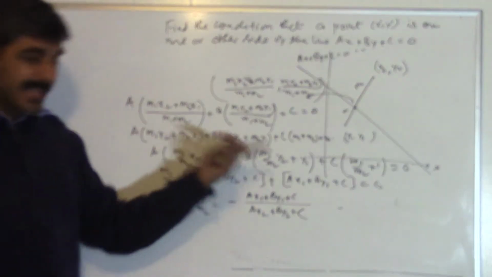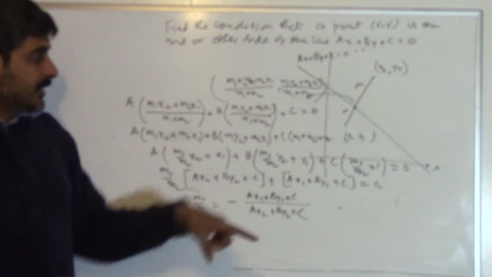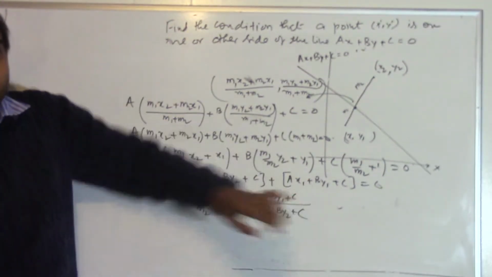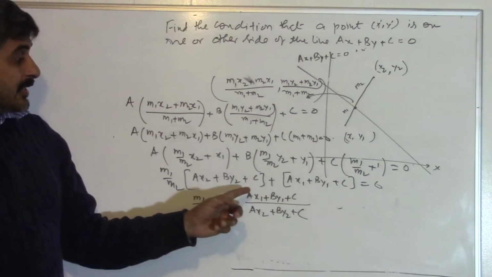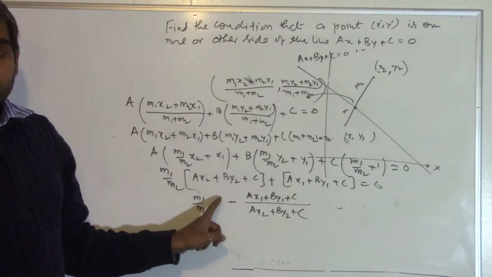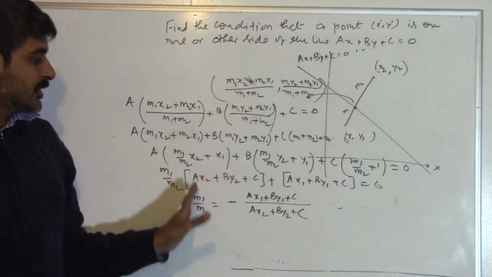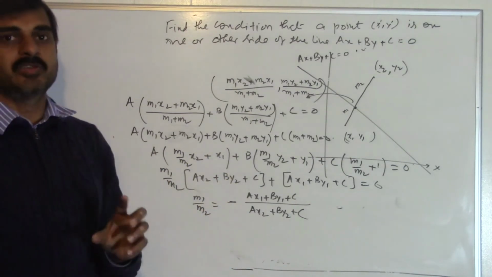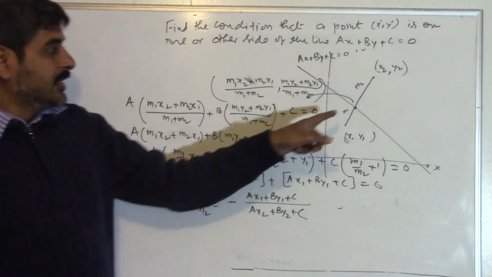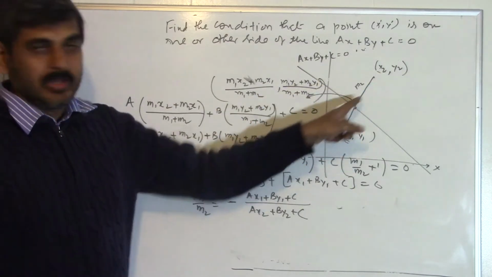Let us consider the easier case, the current case. Let us say one of them comes to be positive and the other comes to be negative. In that case, the positive and the negative, multiplied by the negative, becomes positive, and then m1 and m2 become a positive number. So in that case, this point must be in between them.